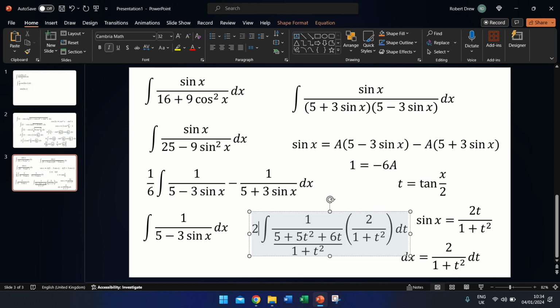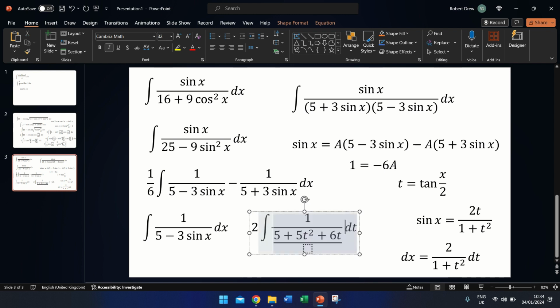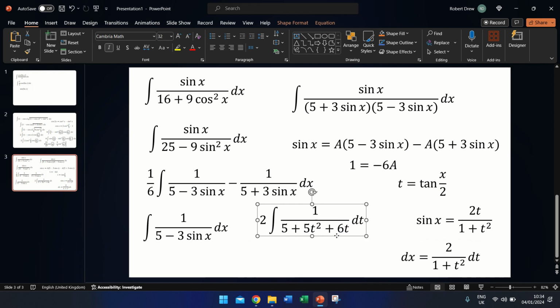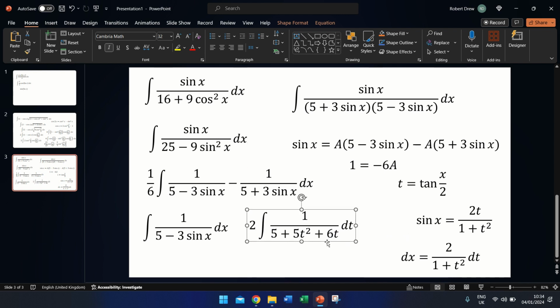So we end up with a 2 outside from this 2. So that goes away now. And this all cancels with this down here, like so. And so now, of course, this can go away. And this denominator here just becomes this. Now, I do know that I can integrate things that look like this, which is really good, because I can now answer the question.